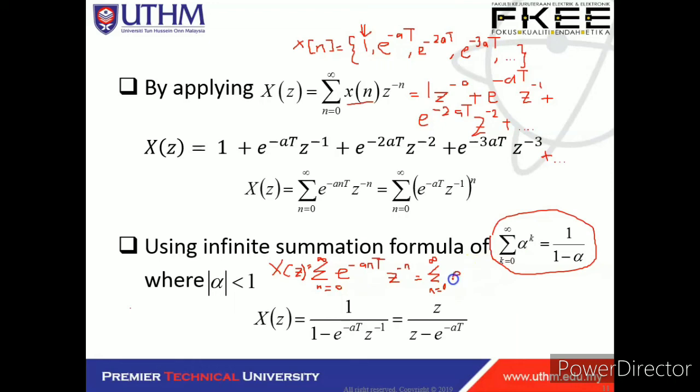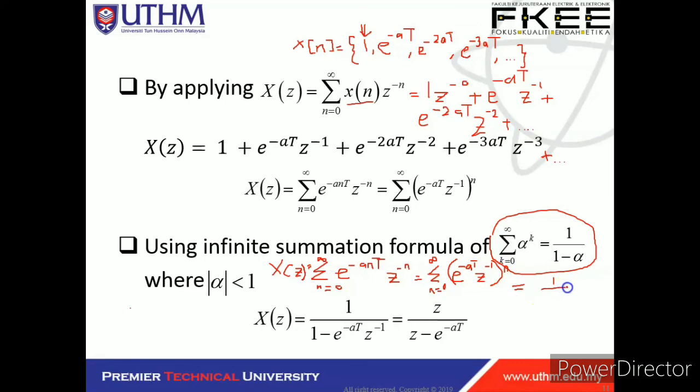So we have exponent negative a capital T multiply with z negative 1, and this one will be to the power of n. Okay, when we expand this power, we will get the previous equation, which is exponent negative aT multiply with z negative n. So this is our alpha. Okay, so this k we change to n.